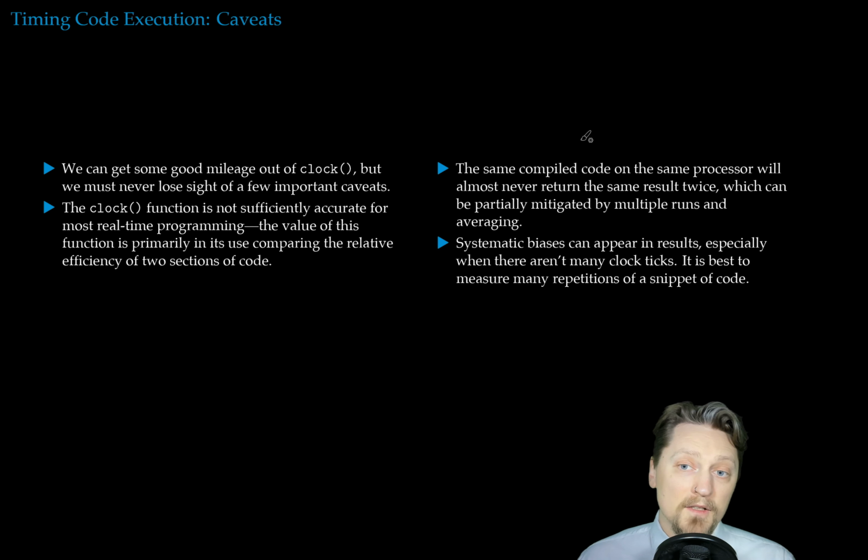The same compiled code on the same processor will almost never return the same result twice, which can be partially mitigated by multiple runs and averaging. Systematic biases can appear in results, especially when there aren't many clock ticks. It is best to measure any repetitions of a snippet of code.